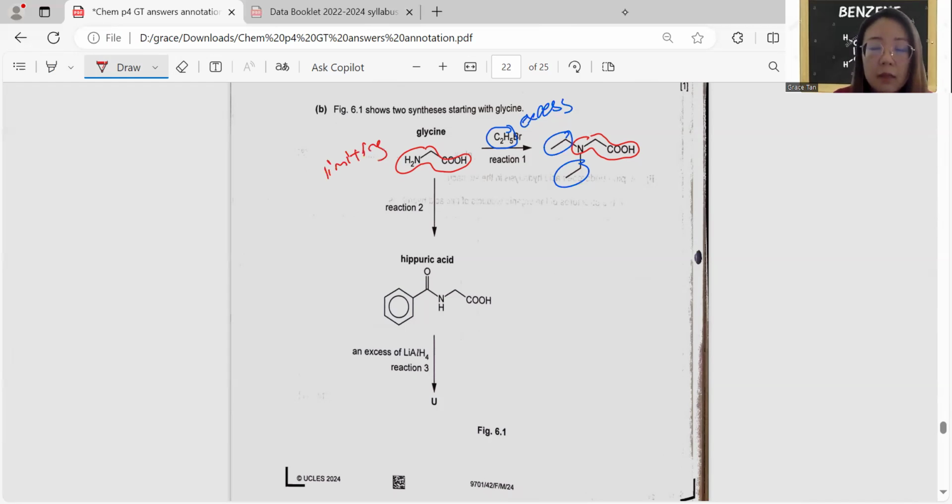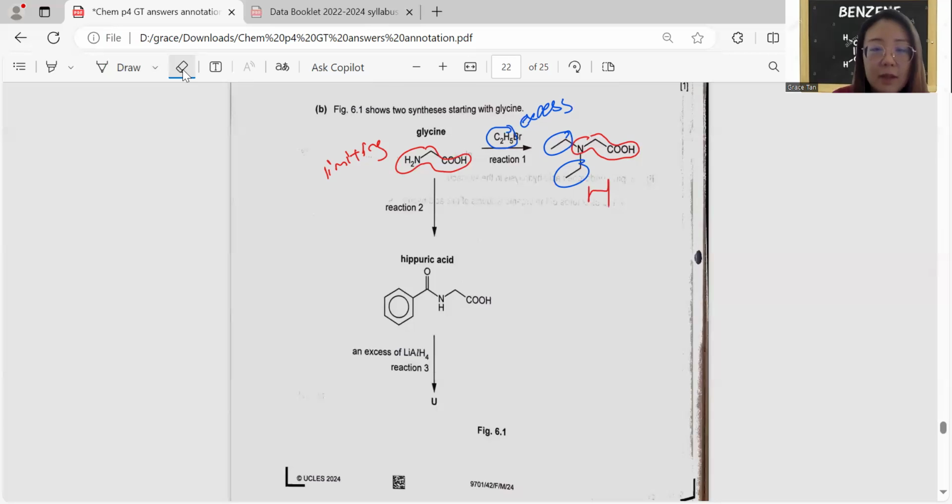Because if your glycine here is in excess, then they will only enable 1 ethyl group to be substituted, and this part will be H. That is provided if your glycine is in excess. But now your glycine is not in excess, whereas your halogenoalkane is in excess. That's why you have 2 ethyl groups.